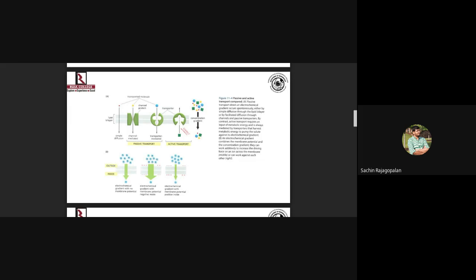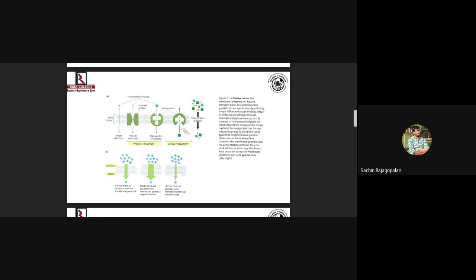Then in the second diagram, which is below, you are able to see how the electrochemical gradient matters a lot. Now, please understand that depending on what you are transporting, there could be an electrochemical gradient. For example, if it is ions that you are going to transport, no doubt it's a chemical agent, but because it has a charge, obviously there is a charge-based gradient also, because of which you call it an electrochemical gradient.